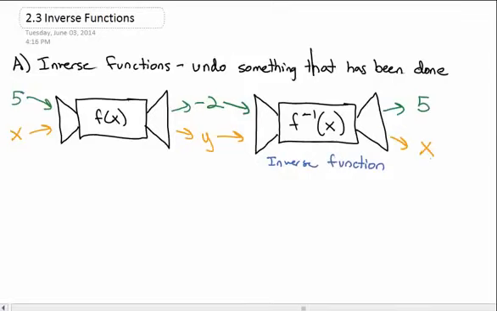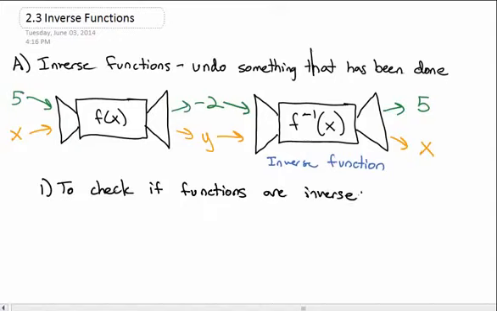And you might notice this setup is really similar to how I visually depicted a composition of functions. In fact, the concepts are related because if we want to check if functions are inverses, the way we do that is we compose the functions.